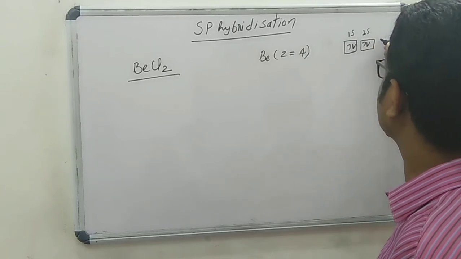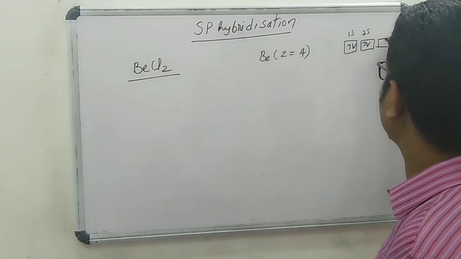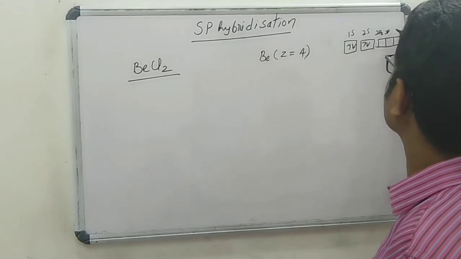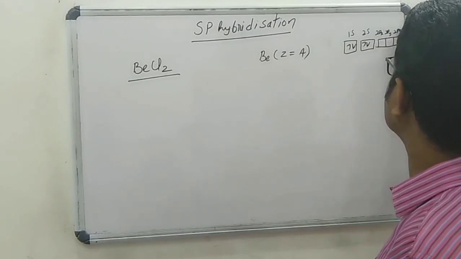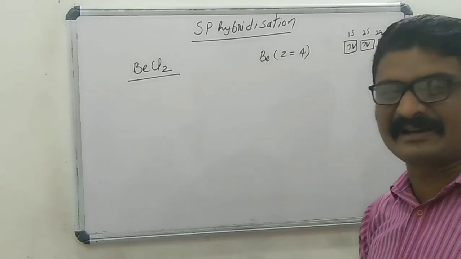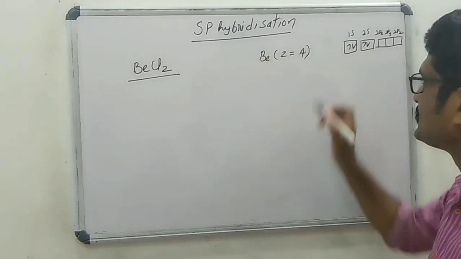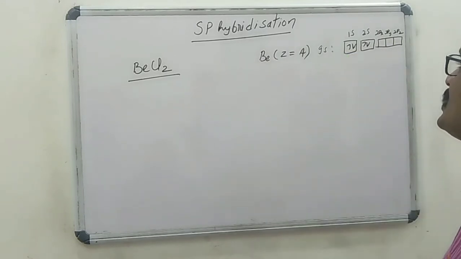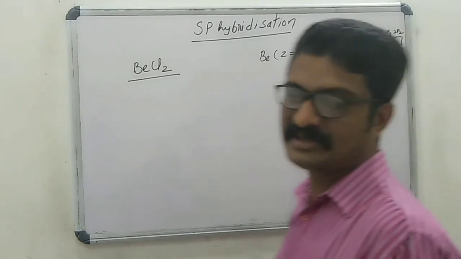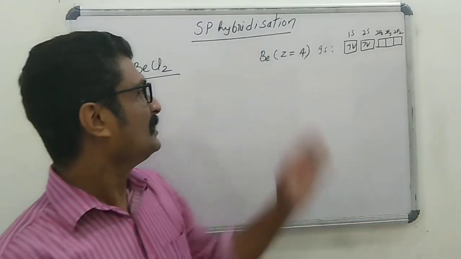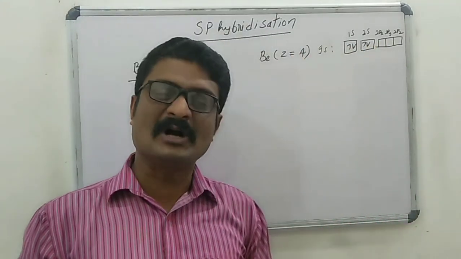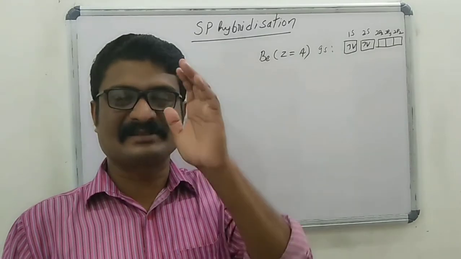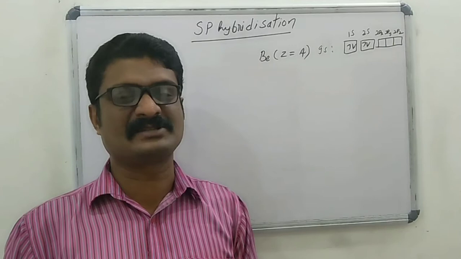In ground state, the three p orbitals 2px, 2py and 2pz are empty. This is the electronic configuration of beryllium in ground state. In ground state, beryllium has no half-filled atomic orbital. Hence, its covalency is 0.